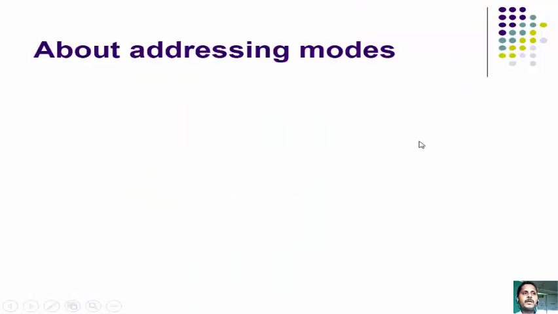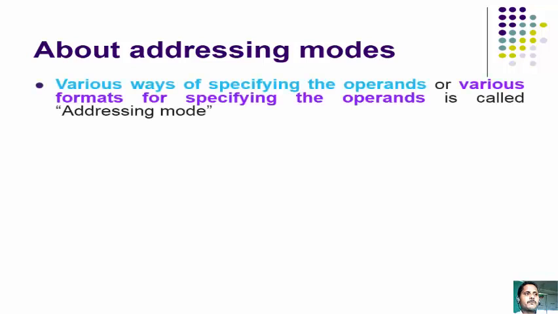Now we will move towards the different addressing modes. So what is an addressing mode? Addressing mode is nothing but the various ways of specifying the operands. As I said, the different operands are registers, 8-bit or 16-bit addresses, or 8-bit or 16-bit data.